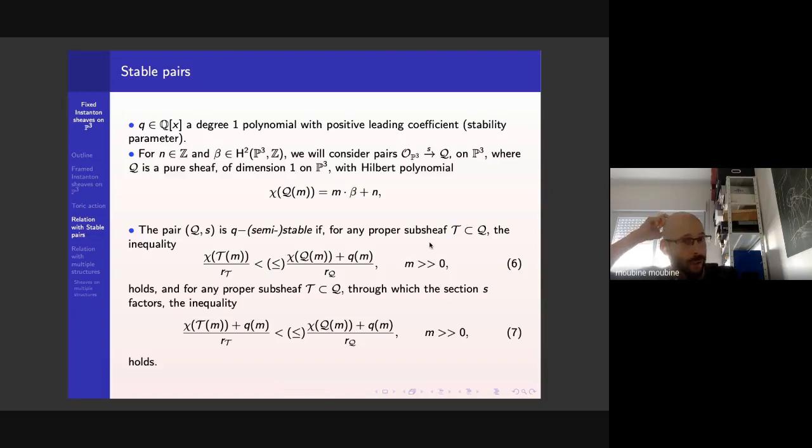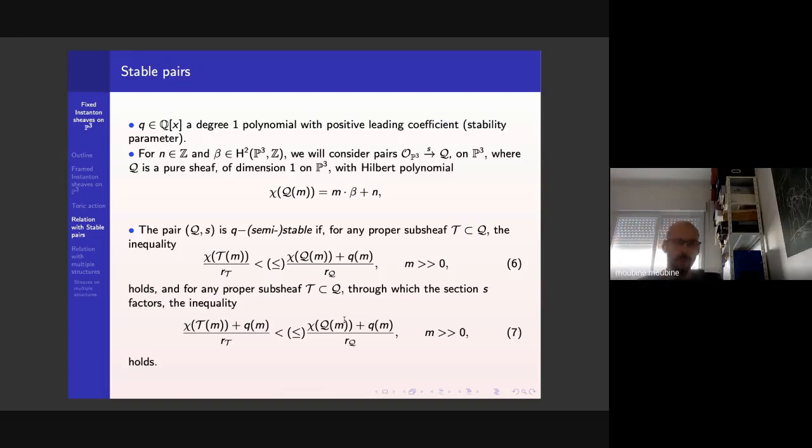Okay, so the pair (F, s) is called Q-semistable if for any subsheaf this inequality of the Hilbert polynomials holds. Here r_F and r_Q are the leading coefficients in the Hilbert polynomial, and they are called rank. And moreover, for any subsheaf through which the section factors, then we should have this inequality here, as usual for large enough m.